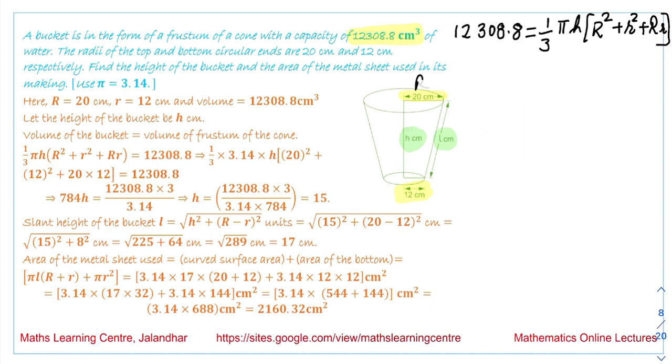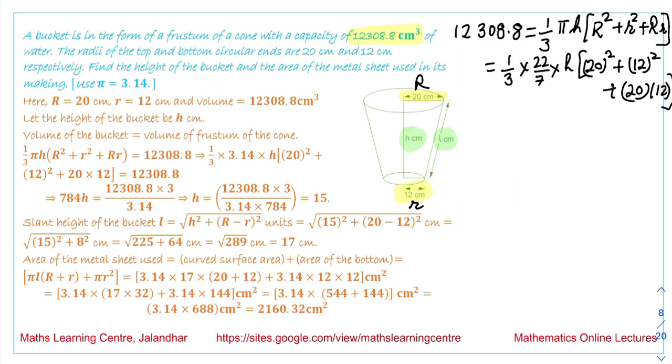This is the value of capital R and this is the value of small r. So we write 1 by 3 into 22 by 7 into h into (20 square plus 12 square plus 20 into 12).